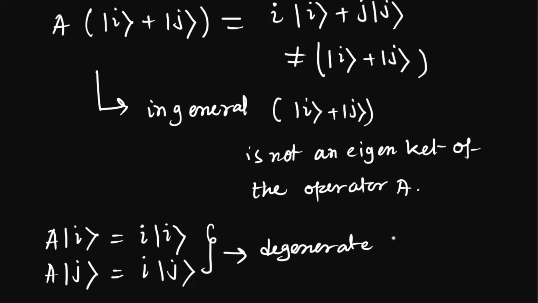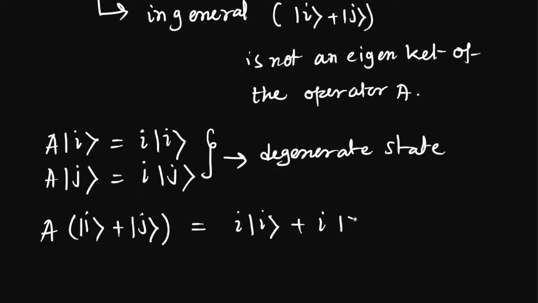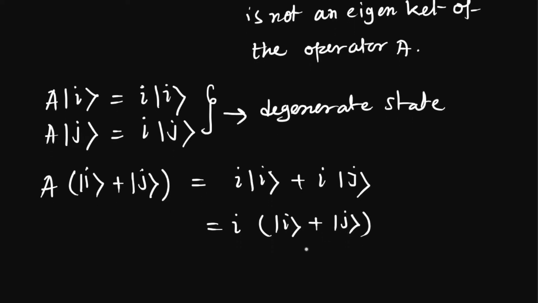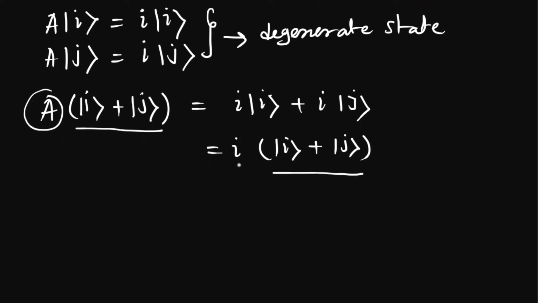Degenerate state. Then A(|i> + |j>) will be i|i> + i|j>. That means i(|i> + |j>). Here we can clearly see that this |i> + |j> is an eigenstate of the operator A, and the corresponding eigenvalue will be i.